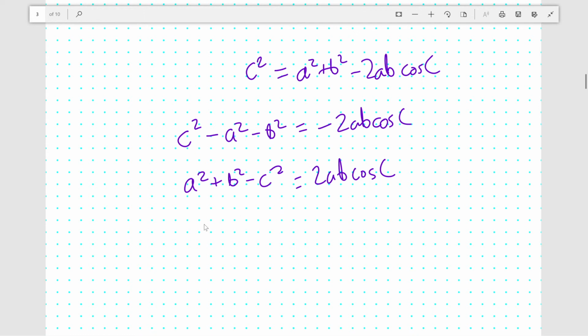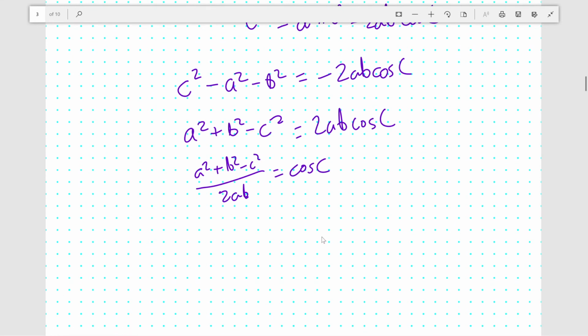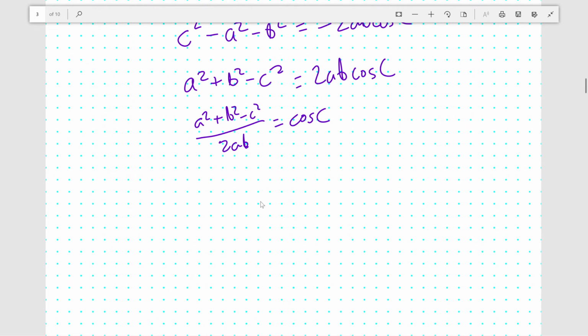And so divide both sides by 2ab and you get a squared plus b squared minus c squared over 2ab is equal to cos c. And finally, you can take the inverse cosine of both sides, the cos -1, on your calculator to find the angle for c, for which a known value of cosine c is true.